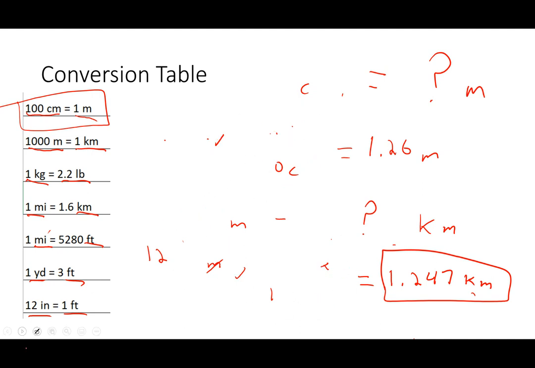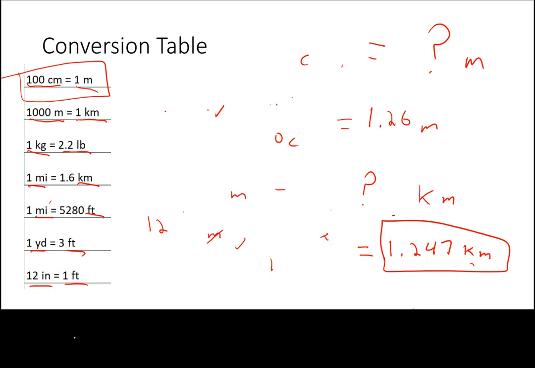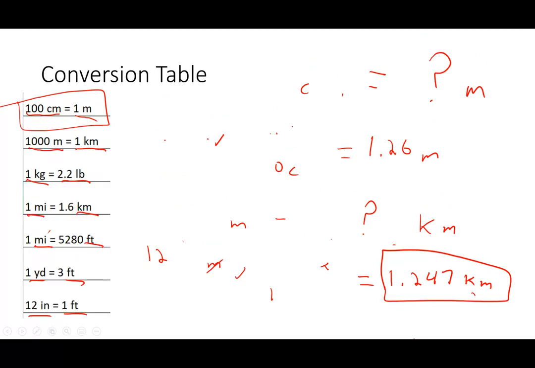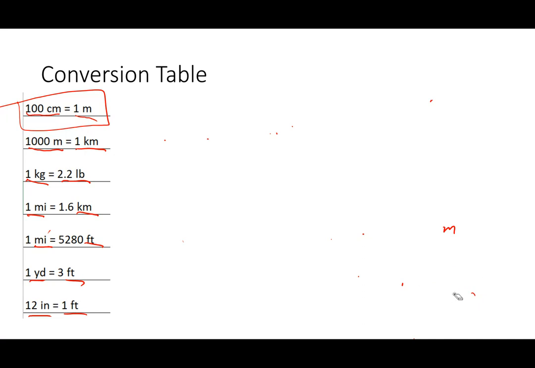Let's say I wanted to convert 26.75 miles, and I want this in kilometers, and I want to round to 2 decimal places.